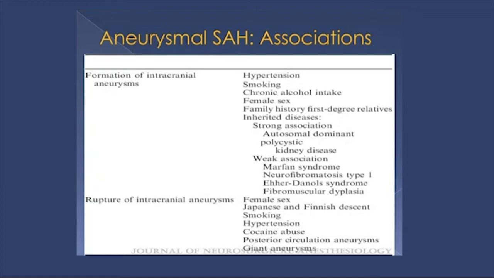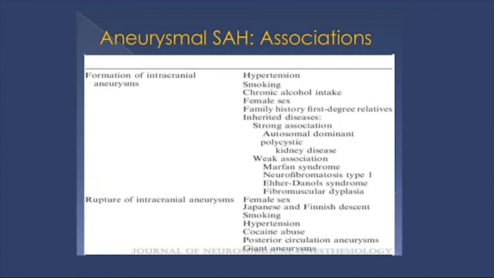And then there are the inherited diseases, especially the collagen vascular disorders that predispose to vasculopathy and vascular malformations. Adult autosomal dominant polycystic kidney disease is strongly mentioned to be associated with aneurysmal SAH.